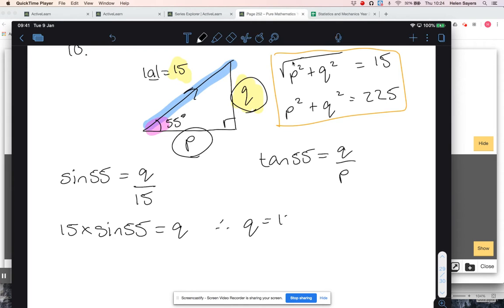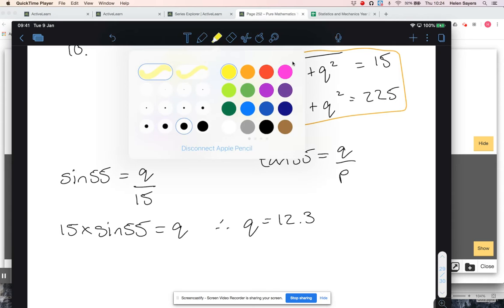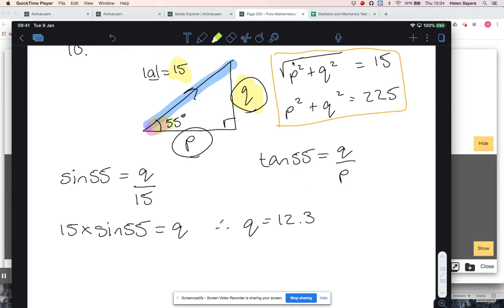So that would give me Q is 12.3 to three significant figures. And then if I do the same thing for cos of that angle, because obviously I know cos 55 is adjacent over hypotenuse.